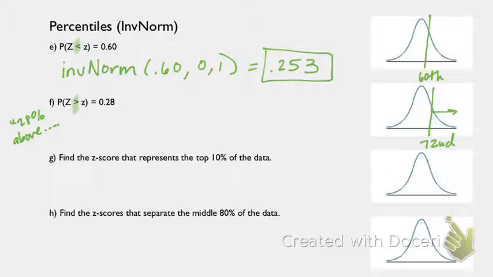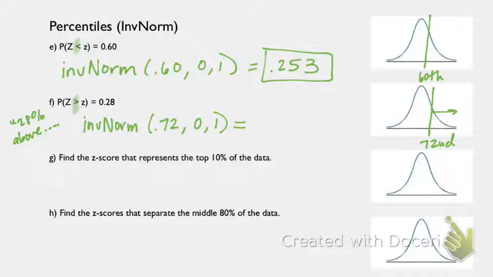So 28% is above. But when you're doing inverse norm, you need to put in the percentile or the area that is below. So I would do inverse norm 0.72, 0, and 1. So when it's a greater than sign, you're basically doing the opposite or the complement of the number it gives you.